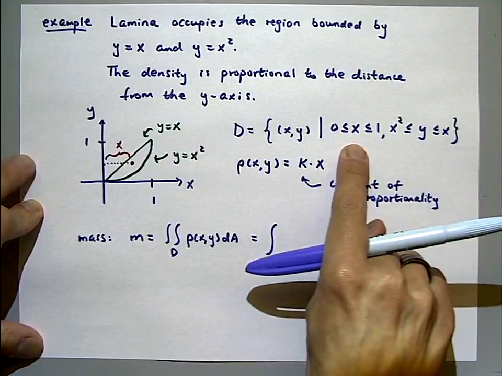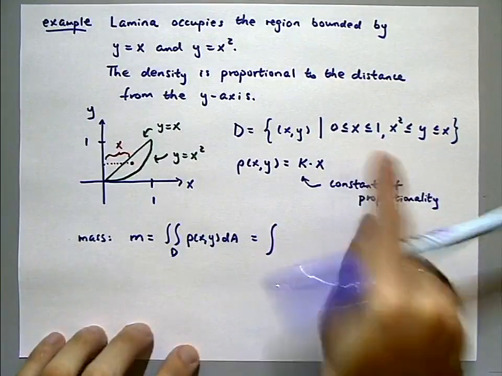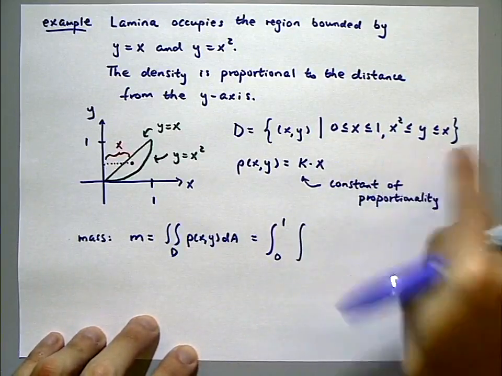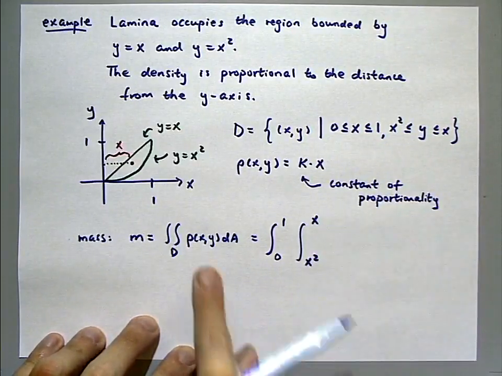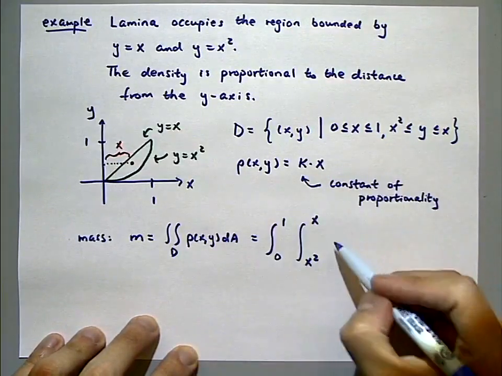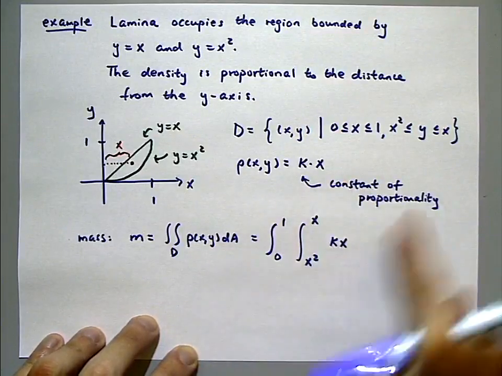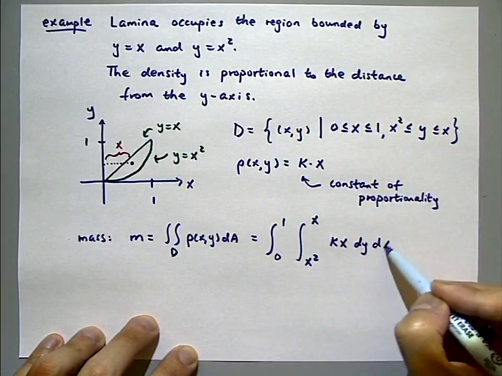So remember, the variable that's bounded by constants has to go last. x has to go last. y must go first. Rho is kx, dA, we're going to do dy first. So dy dx.